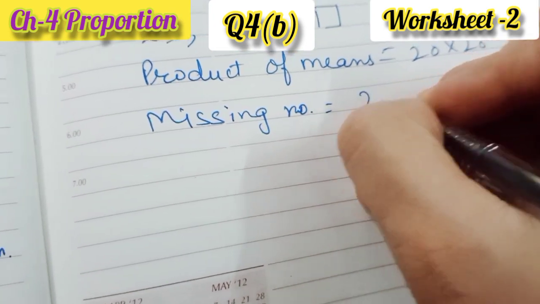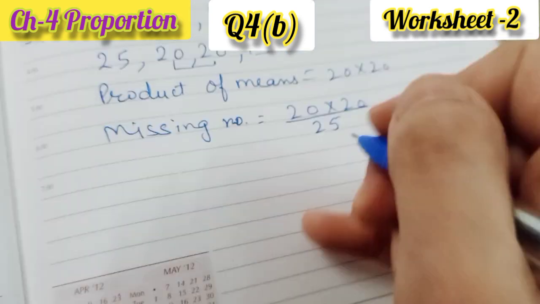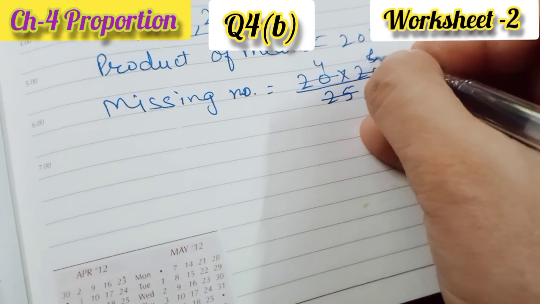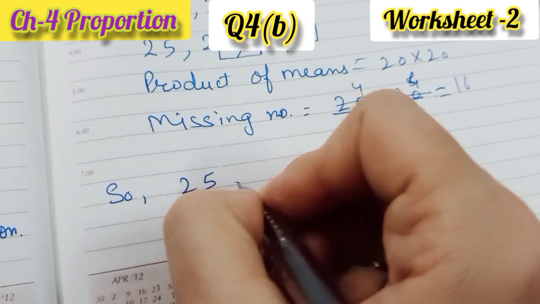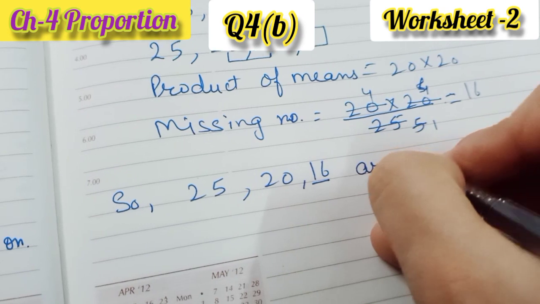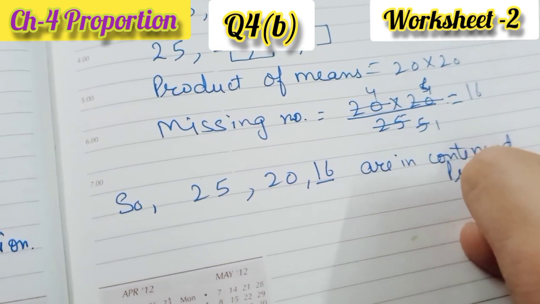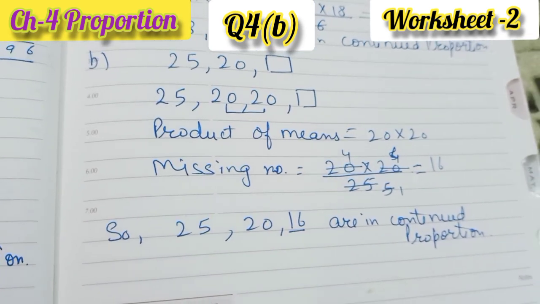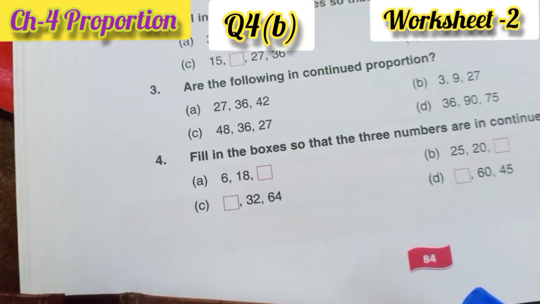Divide the product of means by the one given extreme. 5 4s are 20, and 4 4s are 16. So we get 25, 20 and 16. They are in continued proportion. So I guess you can find the C and D parts of question number 4. You solve it.